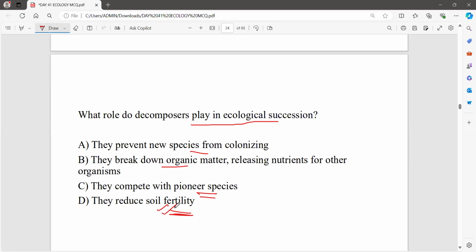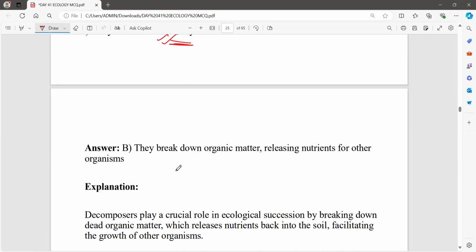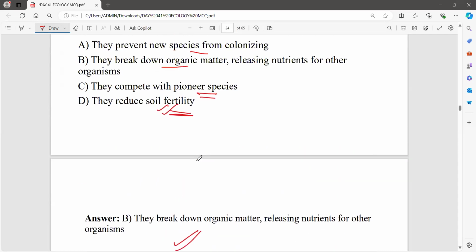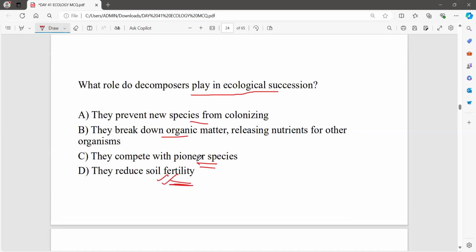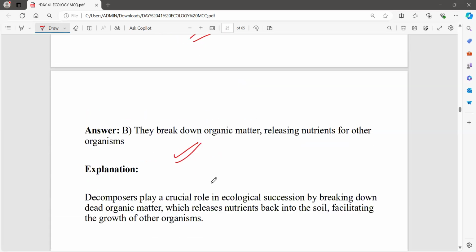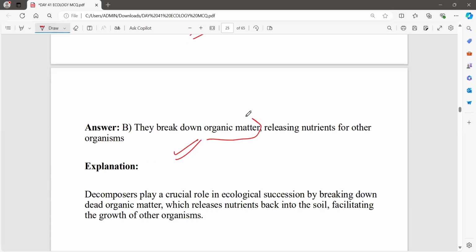Whether they are reducing the soil fertility or increasing the soil fertility, give me an answer. So the answer for this question will be breaking down organic matter, which releases nutrients for other organisms. Very good. Definitely, they are also increasing the soil fertility. This organic matter is not only taken by other organisms, it is also taken by the soil.